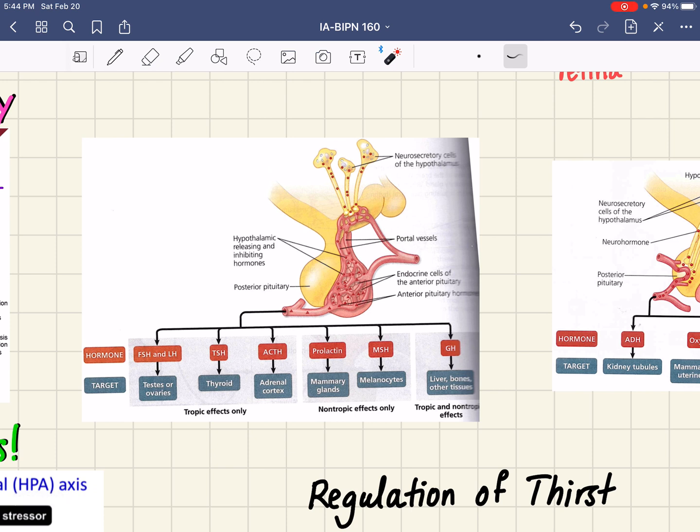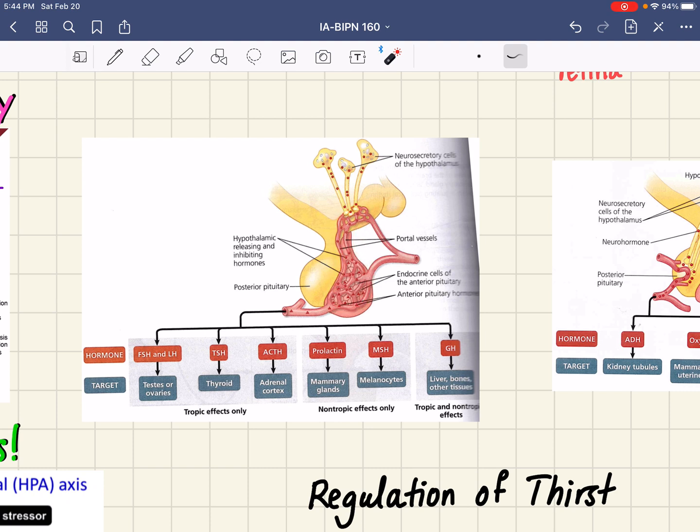Okay, so then I pulled out these photos to talk about the anterior and posterior pituitary separately. So to figure out where we are right now, see this little nub? That's the optic chiasm, meaning that this is the anterior pituitary. We have our neurons coming down from the hypothalamus. We have our huge portal system right here.